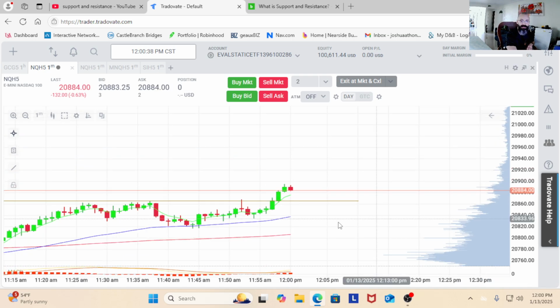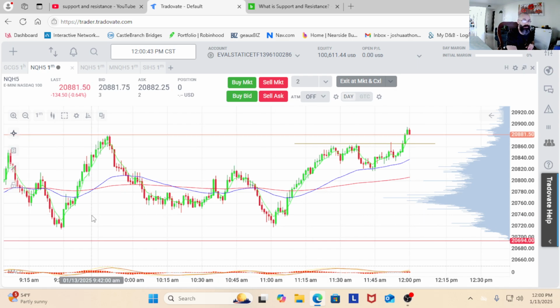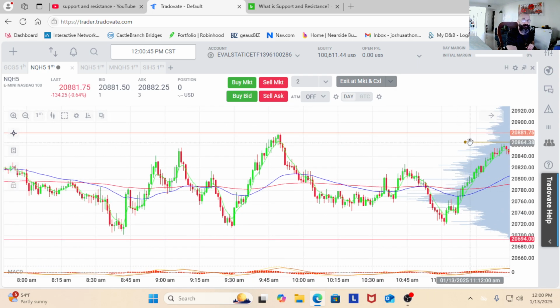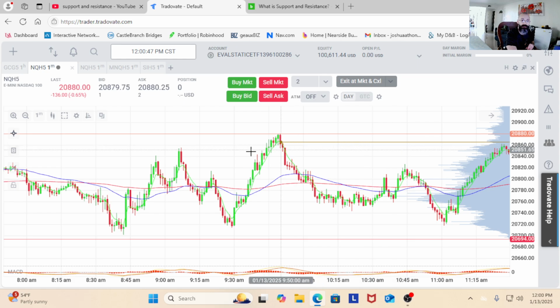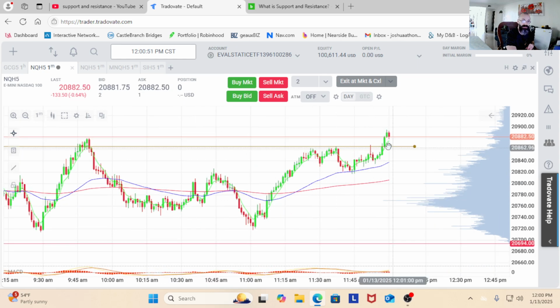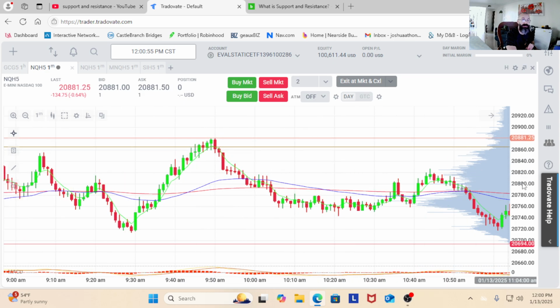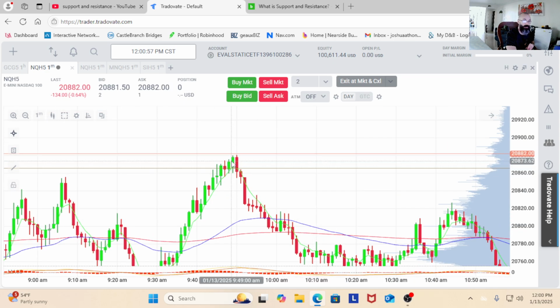Now let's go back and look at some other instances, right? All right, so we look at that same price. Look, I can drag this line. Resistance, resistance, resistance. It's still held here, even though we did get a clean break above it with 1 candle. Let's see, 1 candle, 2 candle.